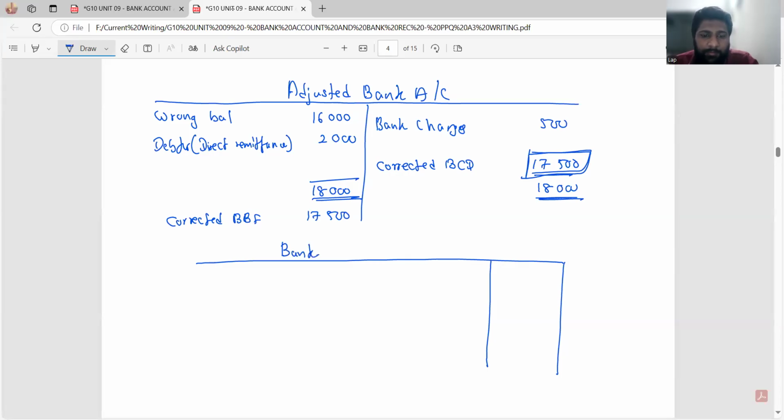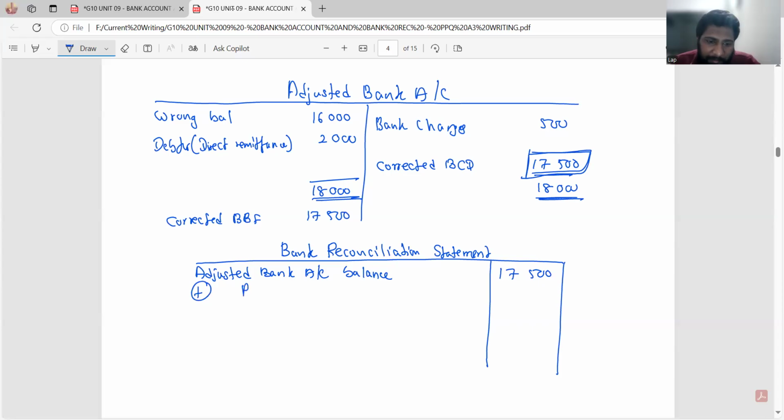Then the reconciliation statement. We have to start with the corrected bank balance, the adjusted bank account balance, 17,500.